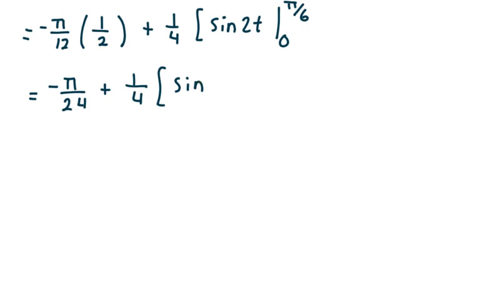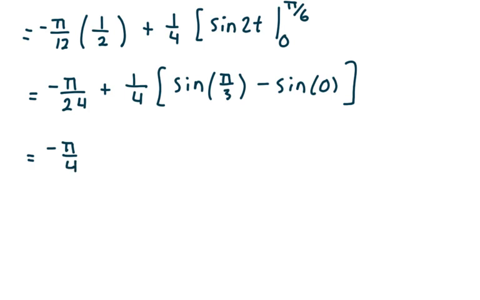pi over 6. If I take pi over 6 and double it, I get pi over 3. And then I'm going to subtract off sine of 0. Now, sine of 0 is 0.